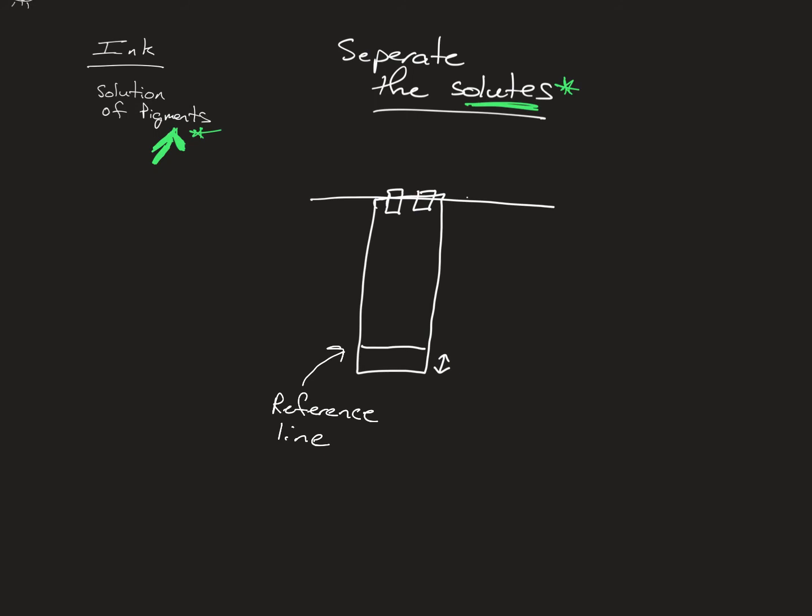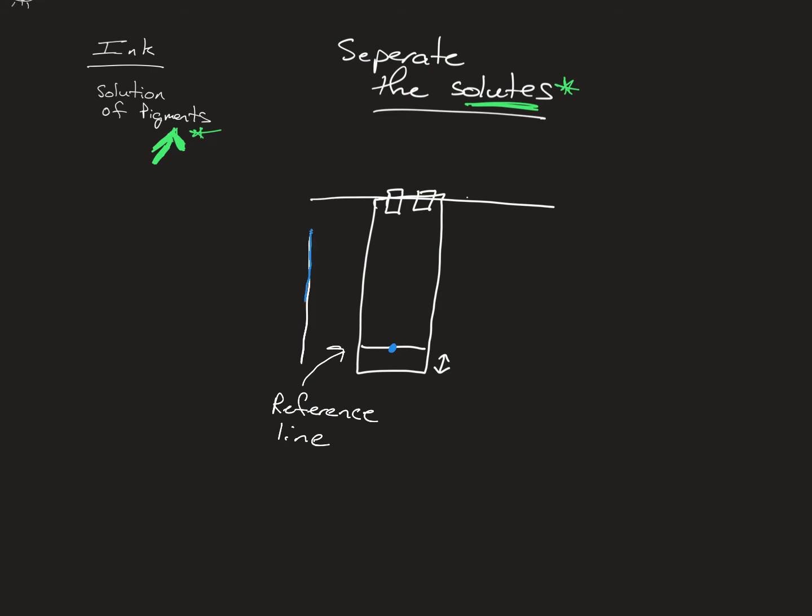That's your reference line. On that reference line, you're going to put a dot of ink right in the center. Then you're going to put this strip into a beaker. Let me use a different color for the beaker.